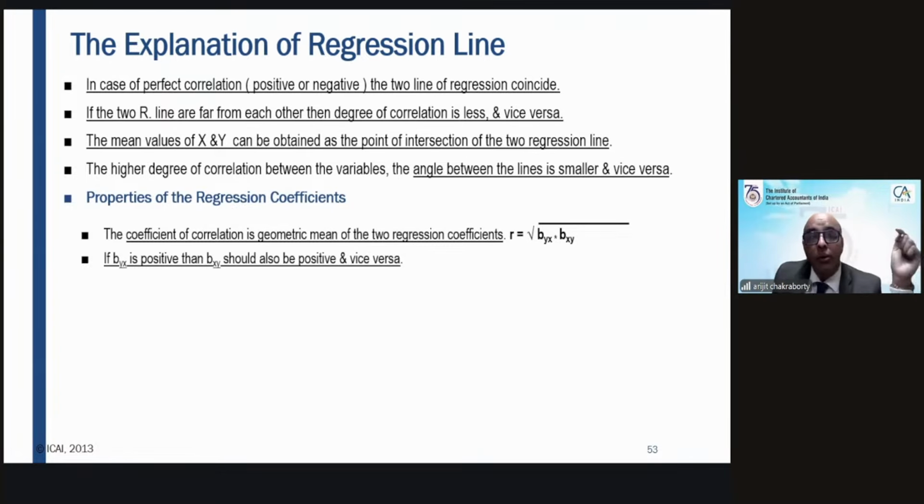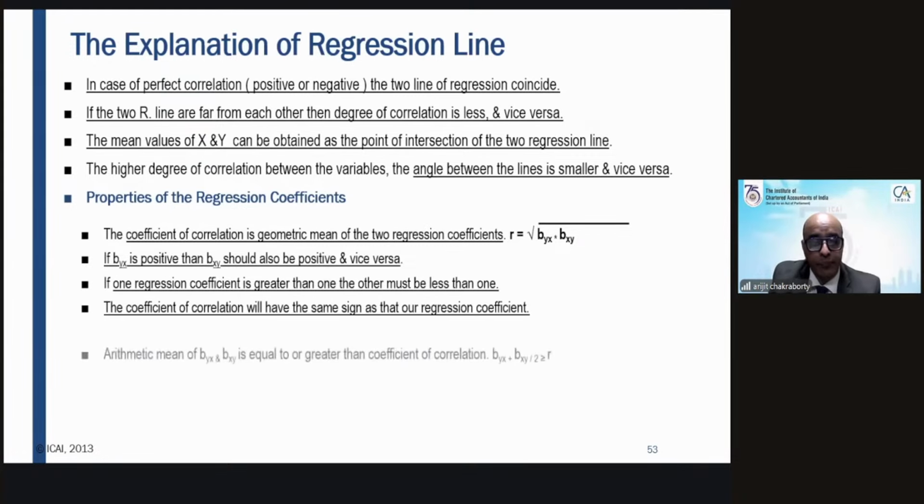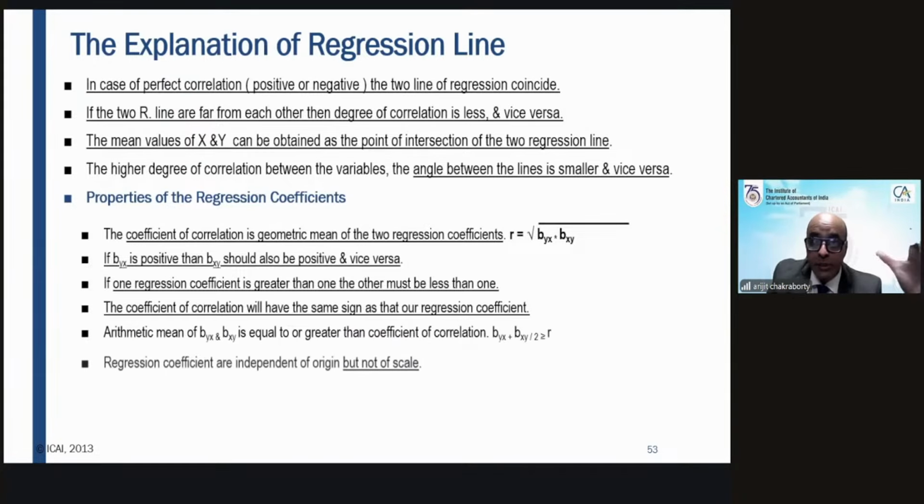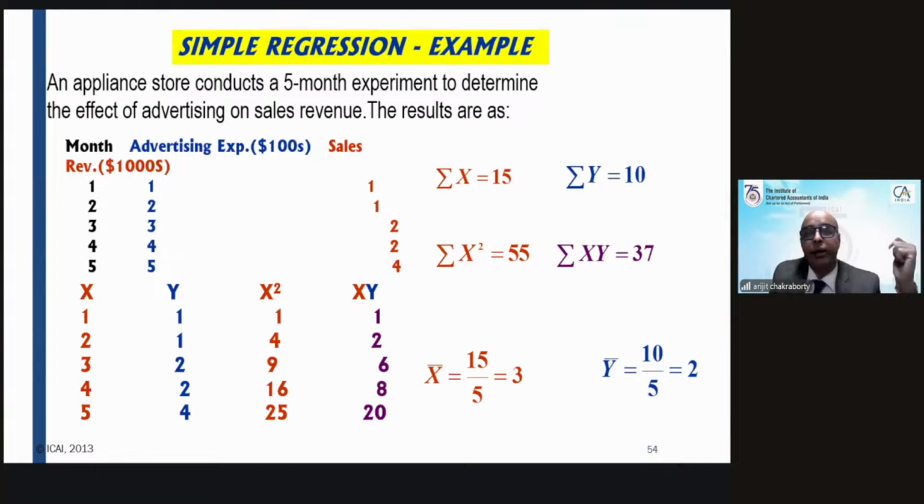That means the correlation coefficient is the geometric mean of the two regression coefficients. After taking the product of the regression line coefficients byx and bxy, if we take the square root, we are getting basically the correlation coefficient. So this is the relation between correlation and regression.